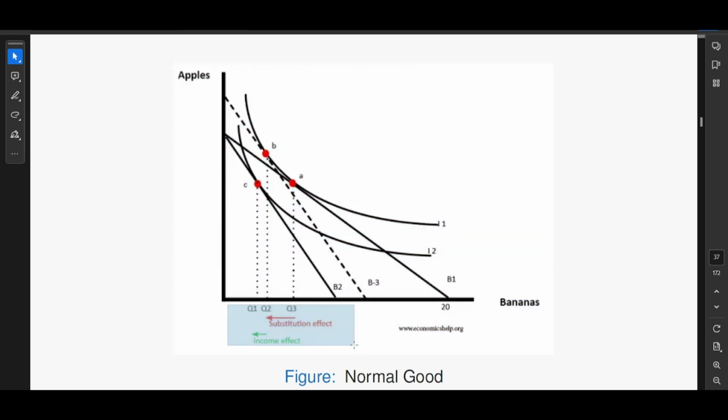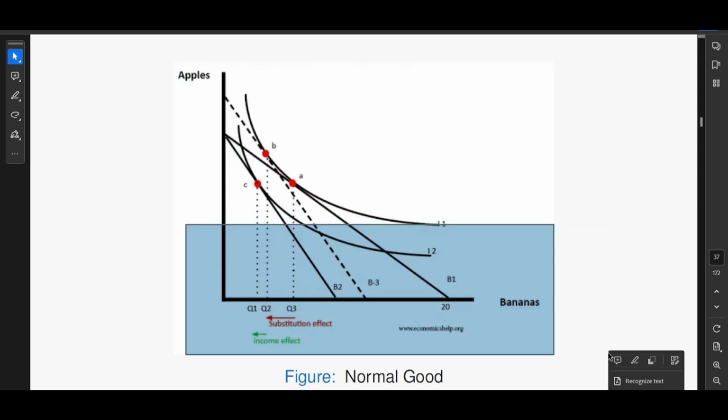Their income has decreased, and their consumption of banana has decreased. Again, the theory of normal good is that as your income decreases, you consume less of that product, while the theory of inferior good is that as your income decreases, you consume more of that product, right? So in this case, forget apples. In the substitution effect, it's easy to understand with both products, but in the income effect, just focus on one product.